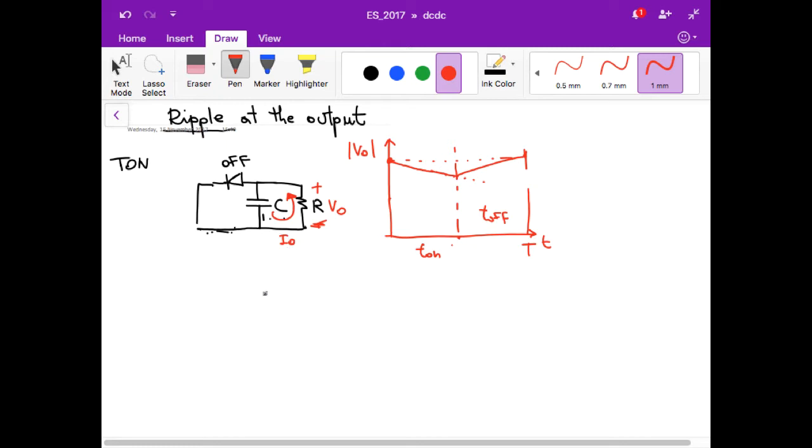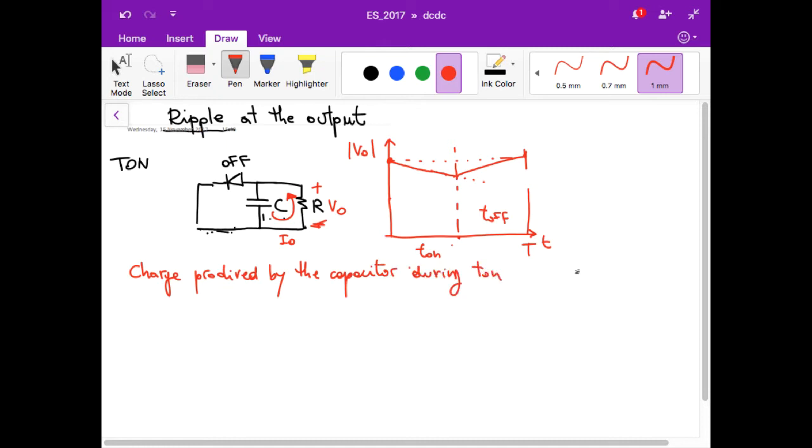Let us call it IO, and the charge provided by the capacitor during T on is equal to the output current times T on.